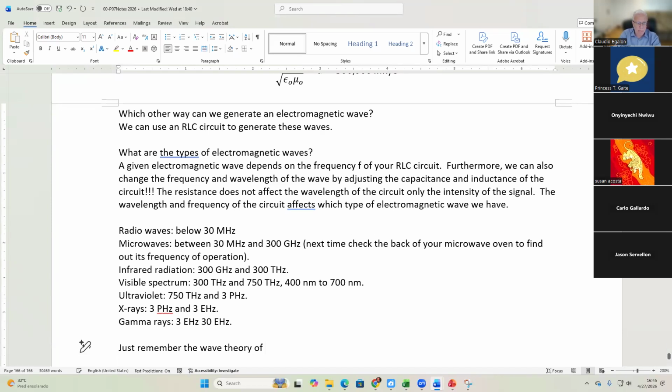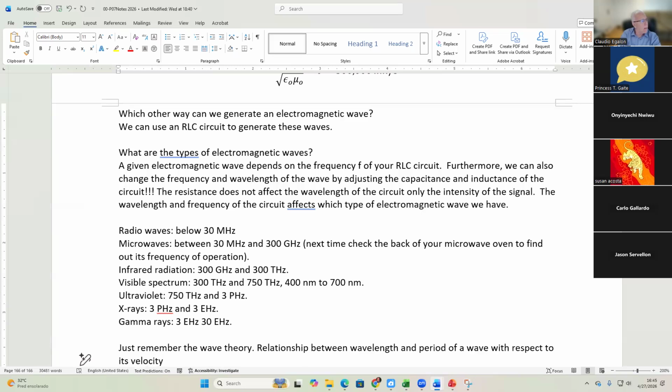Some of the things that you have to remember is the relationship between wavelength, period, and frequency of a wave with respect to its velocity.